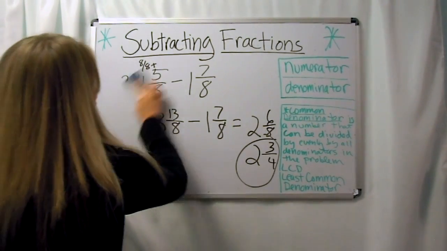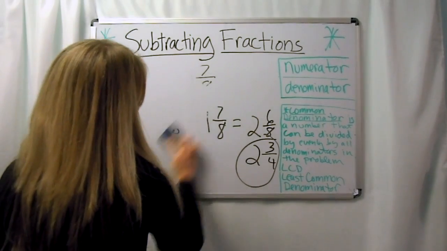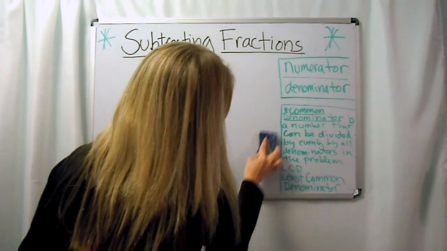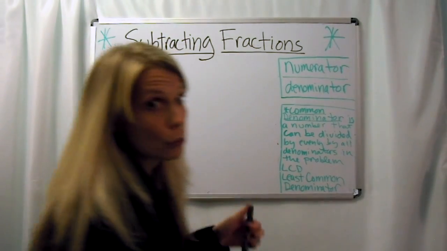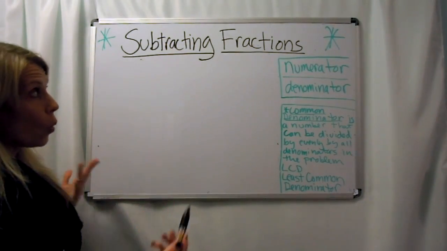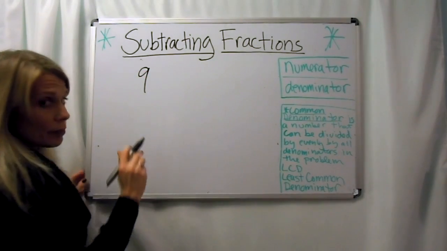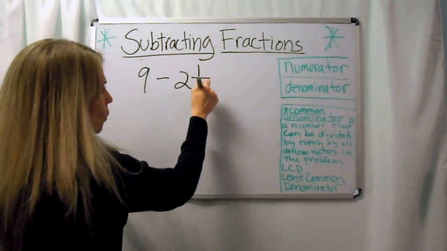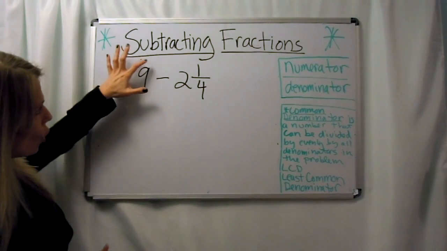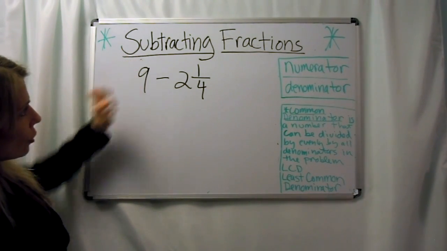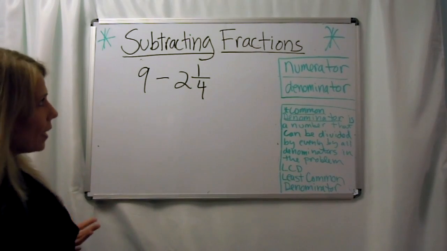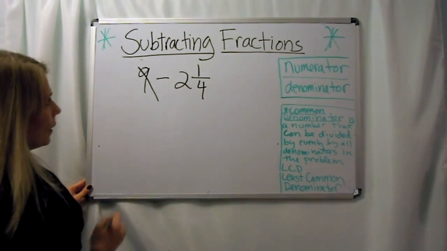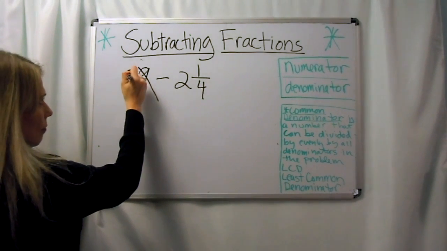Okay, we're going to look at one other type of problem that you might come across when subtracting fractions that can be a little tricky. If we just have a whole number, say 9 minus 2 and 1/4, there's no fraction here. So again, what we're going to do is borrow. We cross out that 9 and make it an 8.